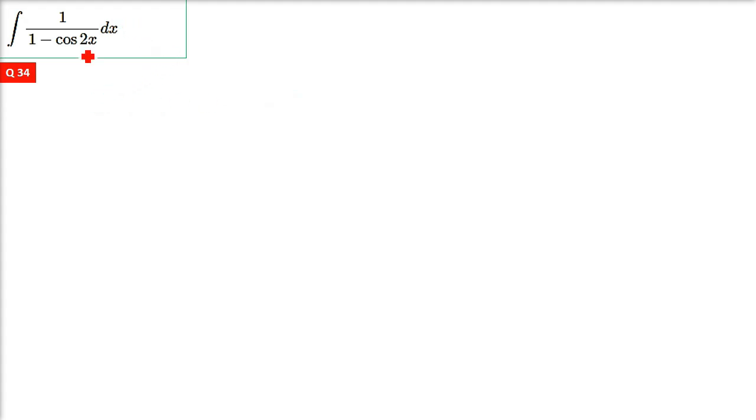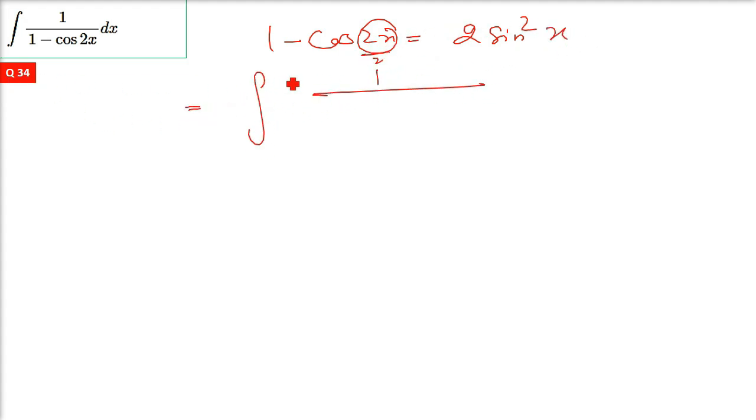So this question, 1 by 1 minus cos 2x. 1 minus cos 2x is a standard result which we already know from our initial classes. It's 2 sin square x. So 1 minus cos 2x is 2 sin square x. Again, 1 by 2 can be taken out. 1 by sin square x is simply cosec square x.